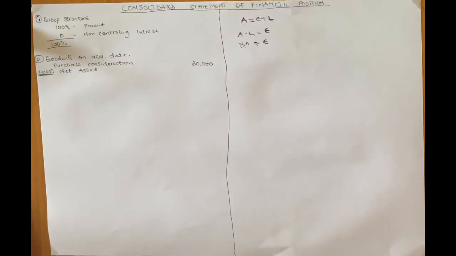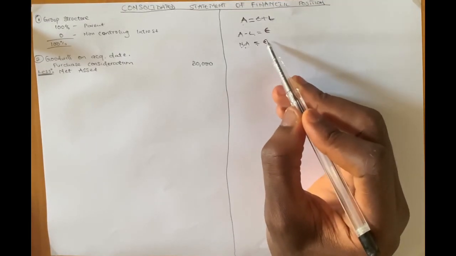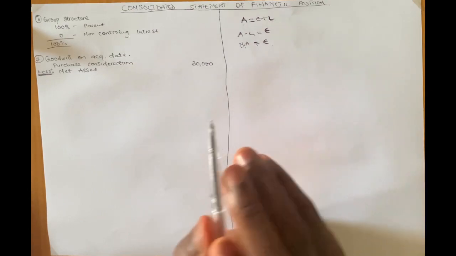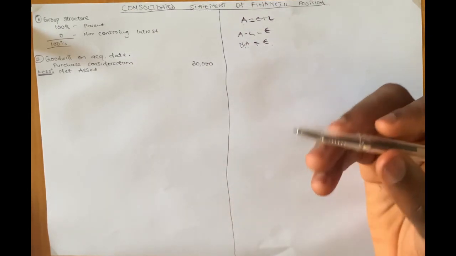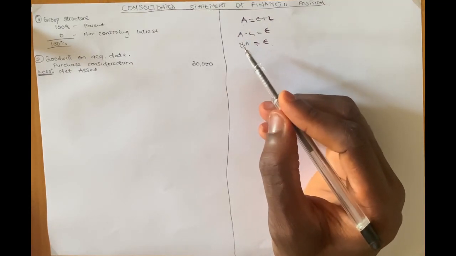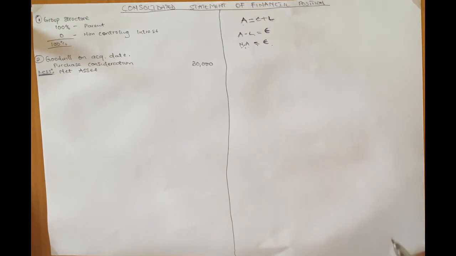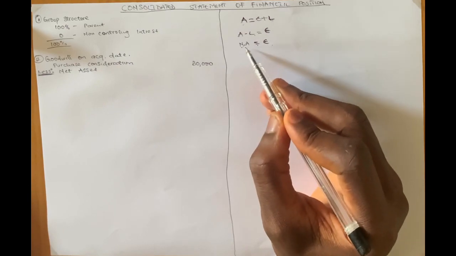So in most questions that I've solved, we will not be given net asset, but we'll be given equity. Definitely, if you are given equity, we can also use the figure for net assets. Am I making sense?